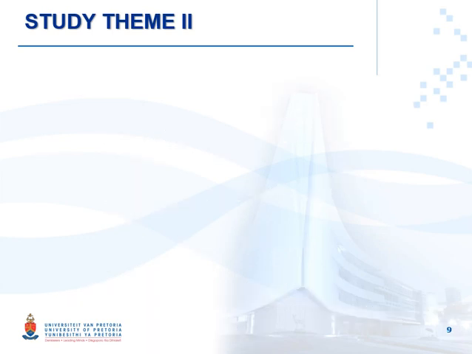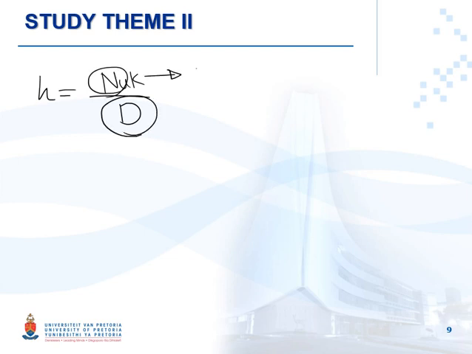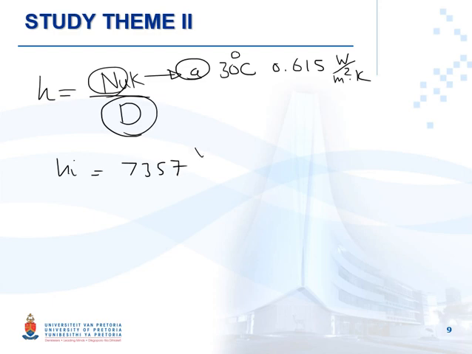Now we have the Nusselt number, so we can find H. H will be Nusselt k over D. Nusselt, we have it, D, we have it. How about k? Again, we can read it from the table at 30 degrees. So it will be 0.615 watt per meter Kelvin, and Hi will be equal to 7357 watt per meter squared Kelvin. We have the average heat transfer coefficient.